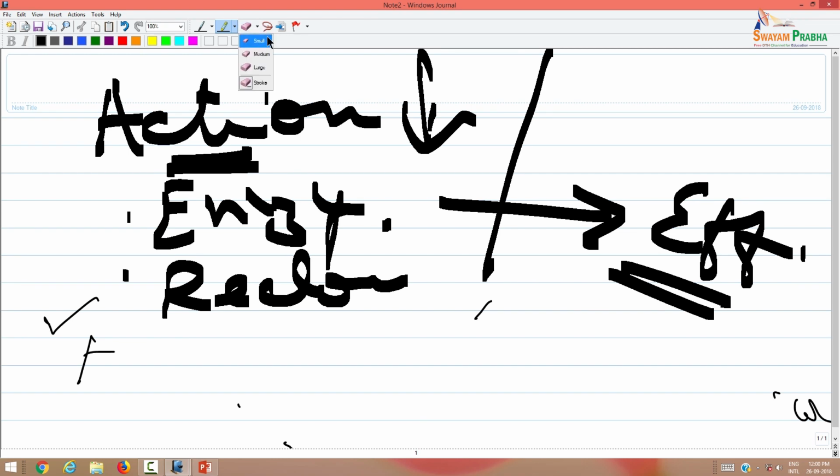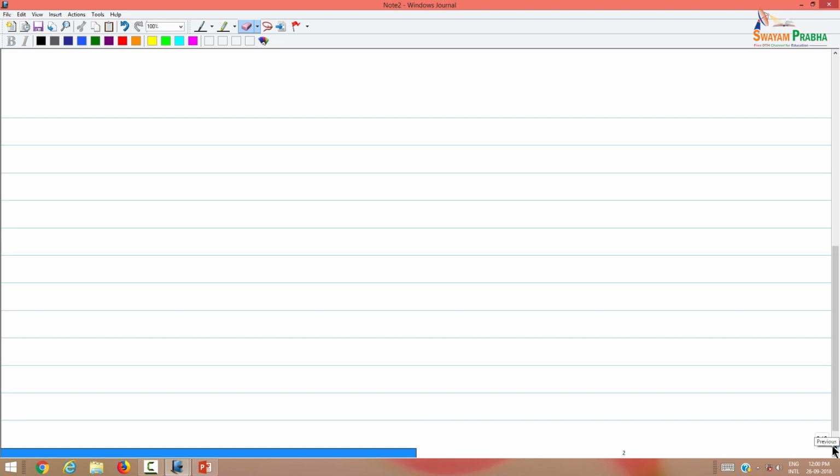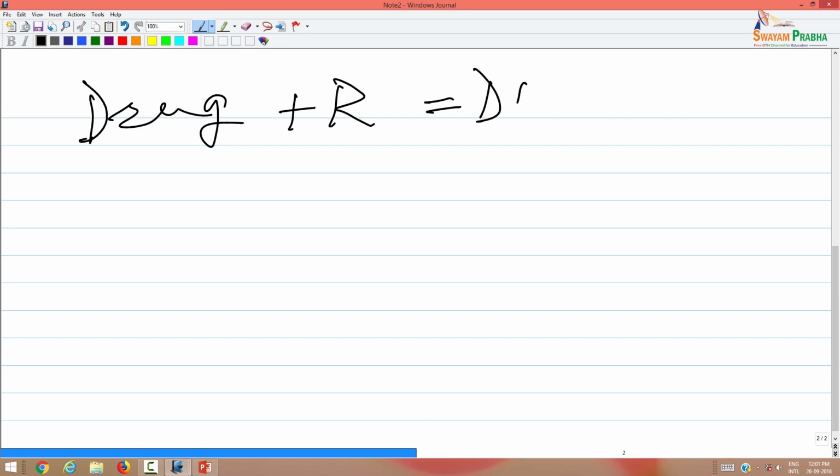Now, if I say how the drug causes the effect, the drug will act on a receptor, and this will form a drug receptor complex, and this drug receptor complex will start a molecular event or action, and then this will result in an effect.